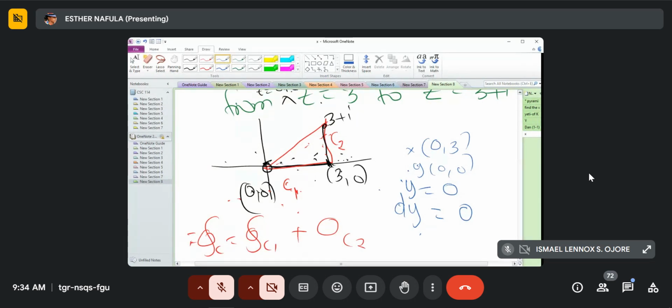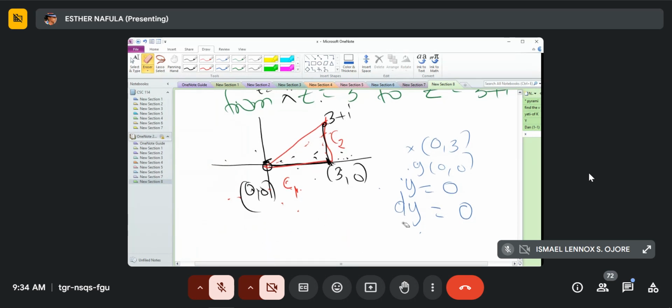So let's go through this example to illustrate what I'm talking about. Here we are splitting. We will evaluate the integral along C1, plus the integral from (3, 0) to (3, 1), which is along C2. But along C1, y is equal to 0.